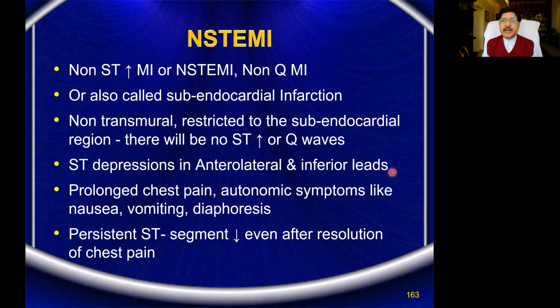ST depressions in the anterior, lateral and inferior leads, as we have seen, prolonged chest pain, autonomic symptoms like nausea, vomiting and sweating, persistent ST segment depression even after resolution of the chest pain. You have given some treatment, you gave him some pethidine also, so chest pain became better, but the ECG continues to be there, CPK starts increasing, LDH starts increasing, and trop is positive: patient is NSTEMI.